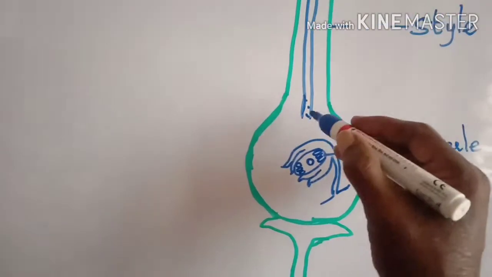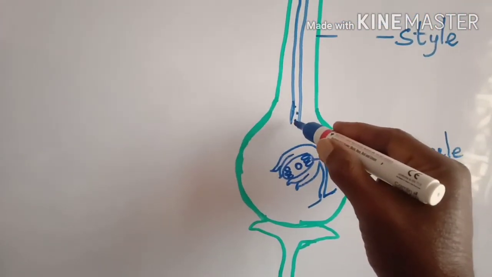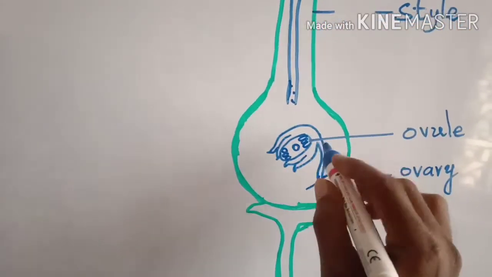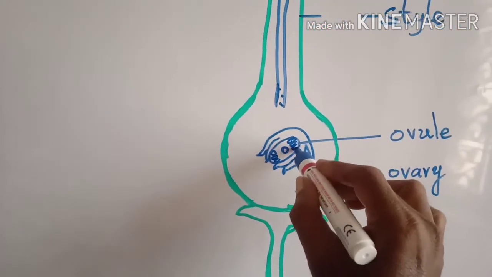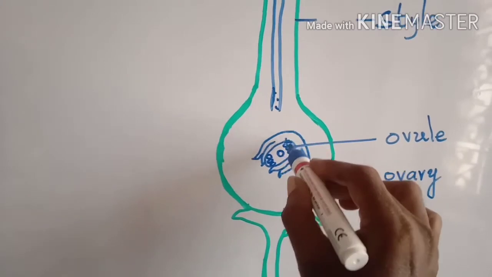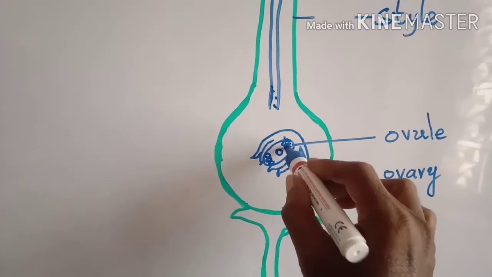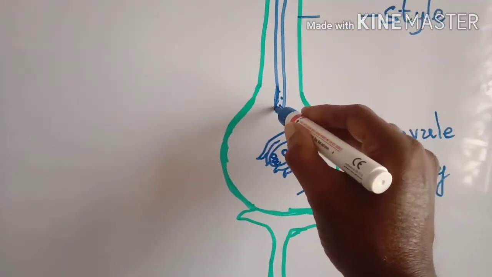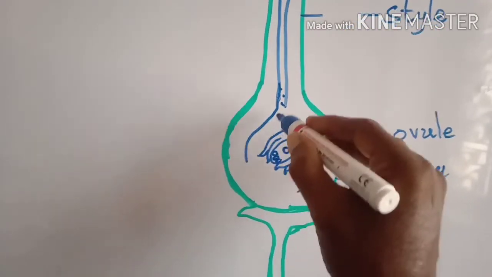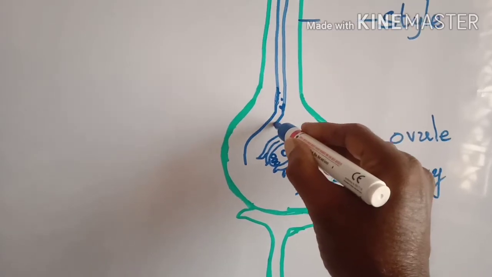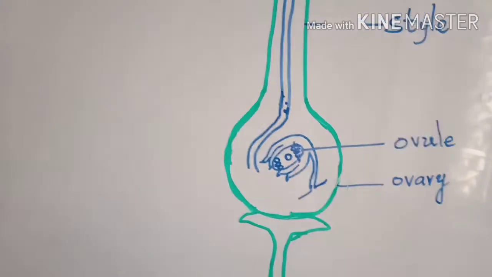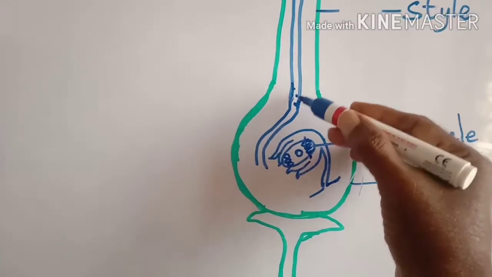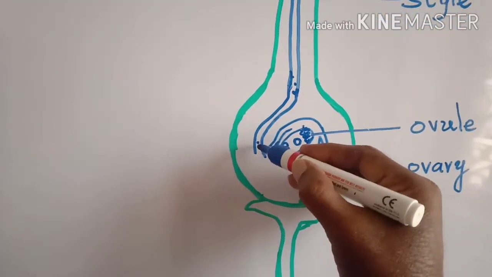And then this tube moves toward this side. It is helped by these cells that are arranged here. Then this tube moves towards this side. Then the male nuclei also pass to here.